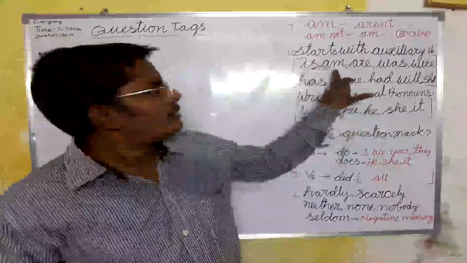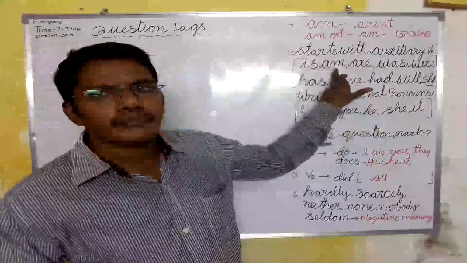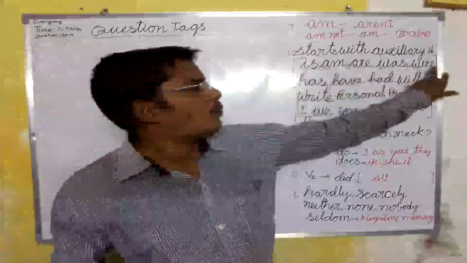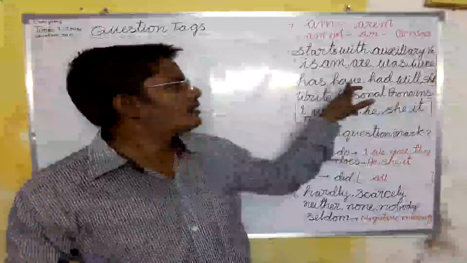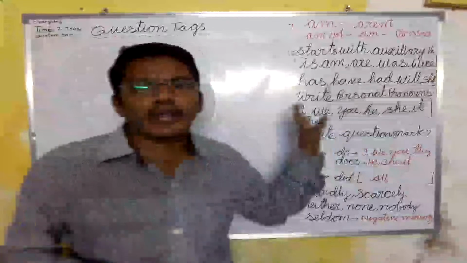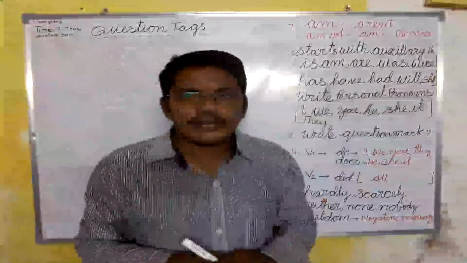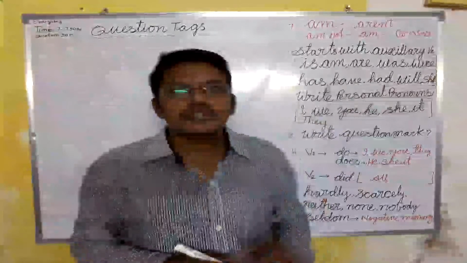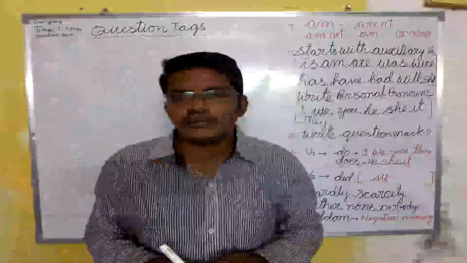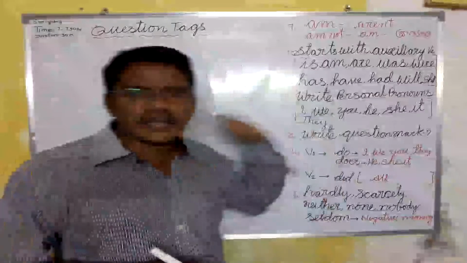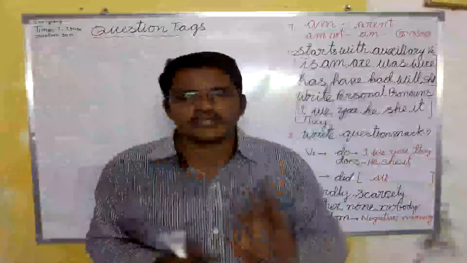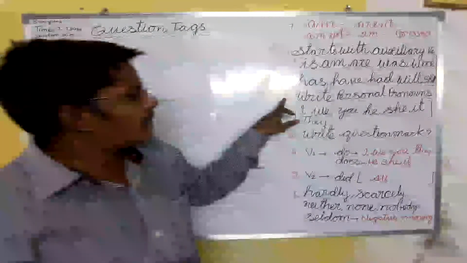So is, am, are, was, were, has, have, had, will, shall. They are all called auxiliary verbs or helping verbs. So the sentence starts with an auxiliary verb. అర్థమైంది కదా మీకు? సెంటెన్స్ ఏది ఇచ్చినా మనము ఈ auxiliary verb తో స్టార్ట్ చేయాలి. ఫస్ట్ పాయింట్.